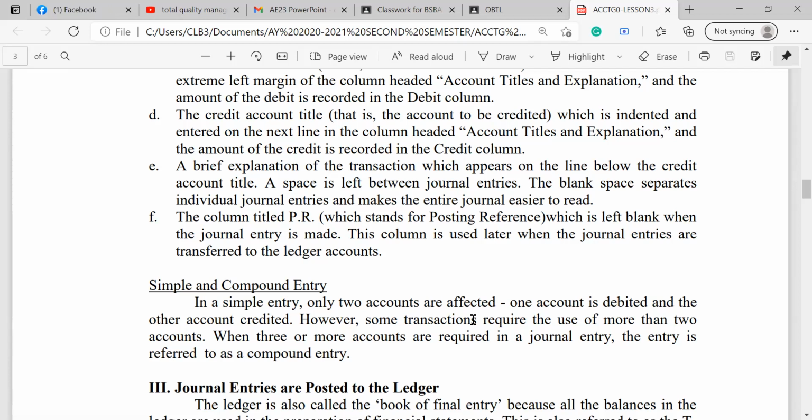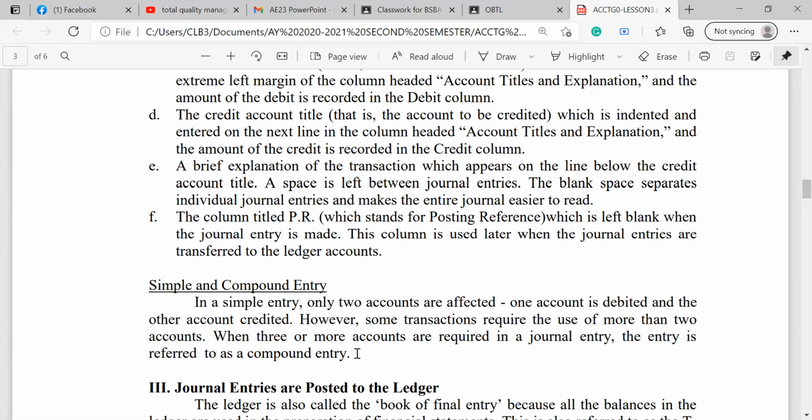Yung sample natin kanina, yung debit cash and credit Castillo Capital for 411,000, that is an example of simple entry. Two accounts are affected. However, meron po tayong mga transactions na nagre-require ng more than two accounts. So, kapag 3 or more accounts na yung i-journal entry natin, the entry is known to be compound entry.